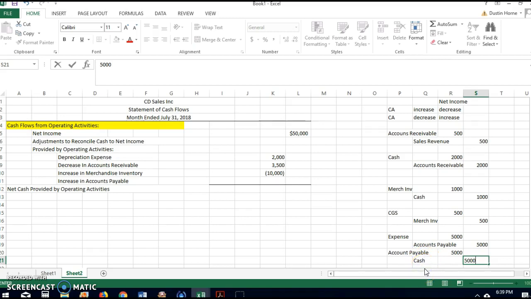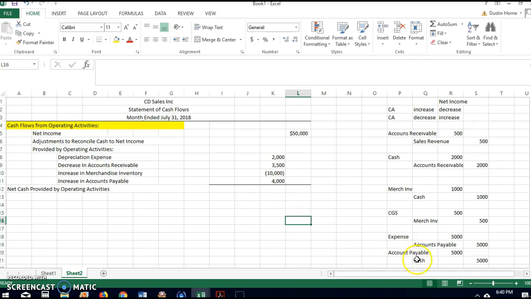So what happened here is accounts payable went up. So we're expensing more than we paid in cash, meaning that we're not spending as much cash. So we need to add that back to cash, $4,000.